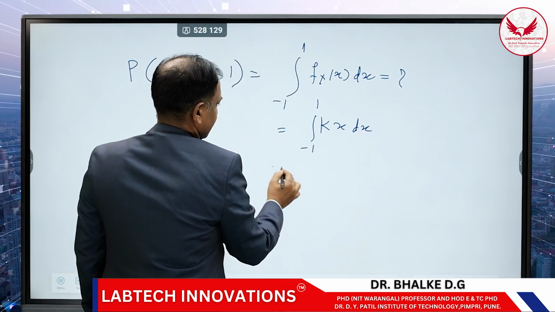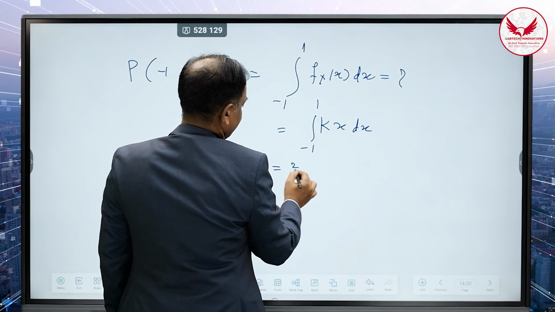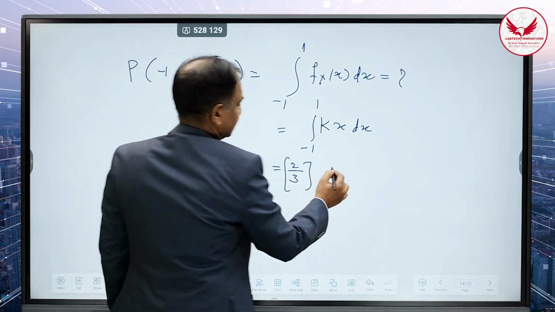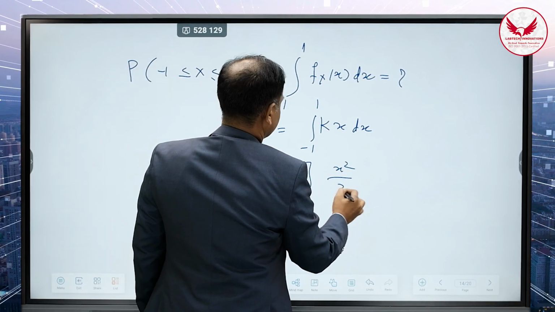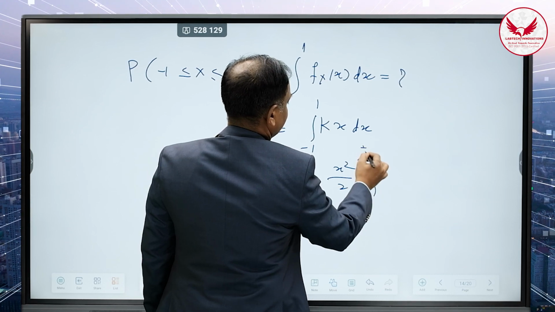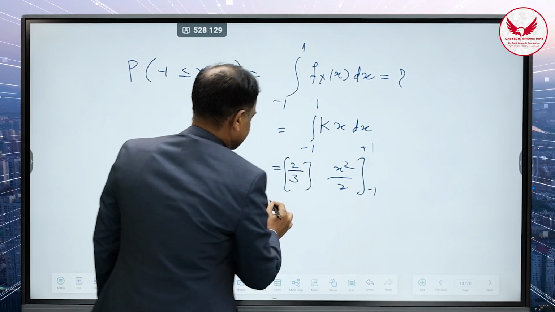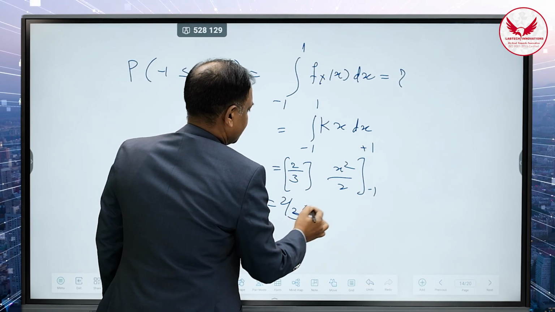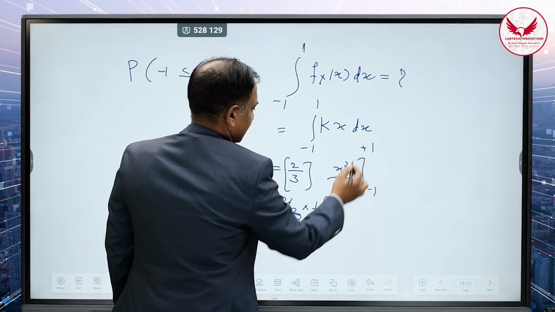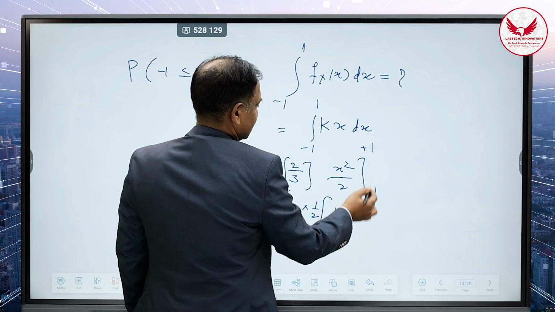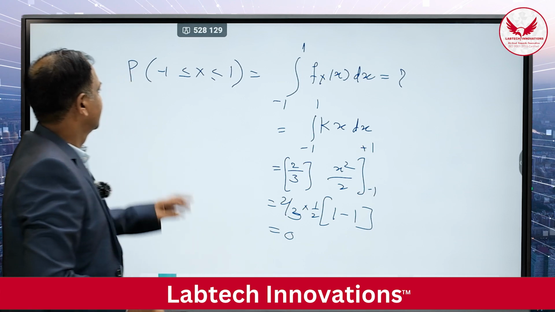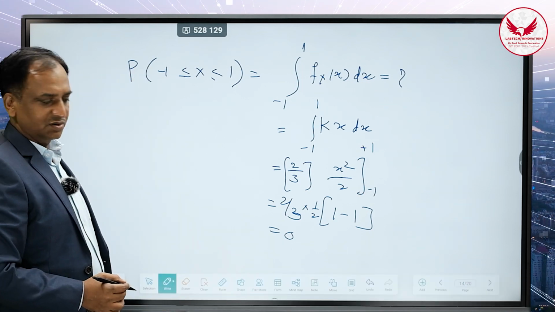Here k is equal to 2 by 3, I will take it outside, and the integration of x is x square by 2, with the limits from -1 to +1. So this is equal to 2 by 3 into 1 by 2, which I take outside, upper limit 1 minus lower limit 1, which is 1 minus 1, equal to 0. This is the probability from -1 to 1.